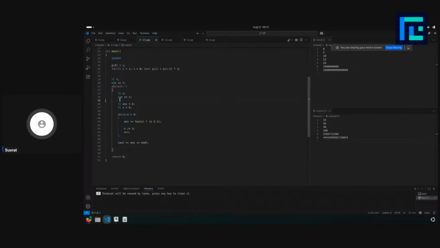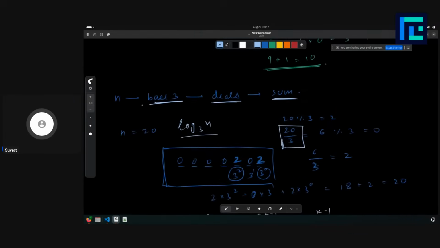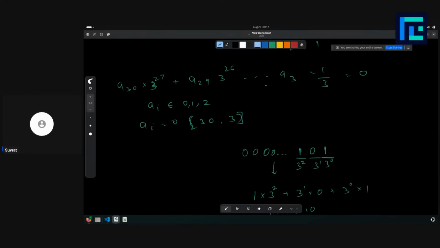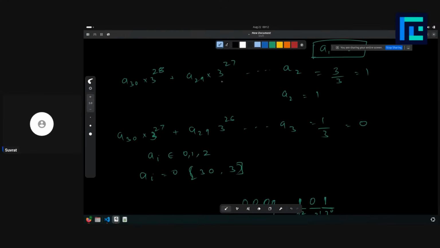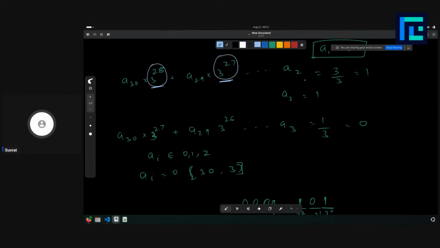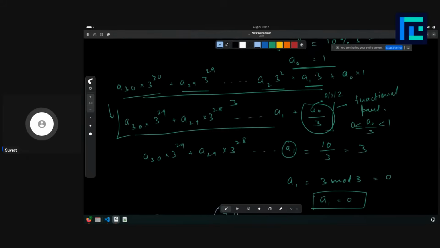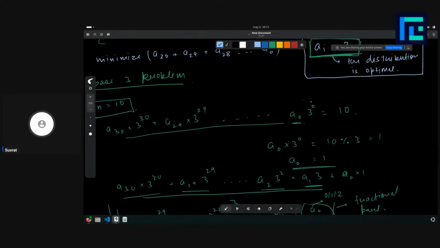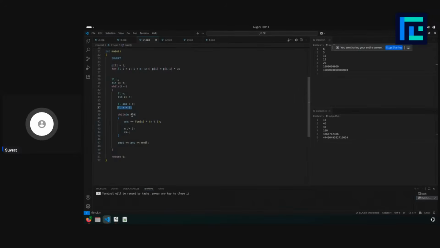And then I take input n, and answer is my answer, and x is basically this thing, the current coefficient, the current 3 to the power I am at while finding the base 3 representation. So basically initially x would be 0, which is this thing. So we'll get a0.